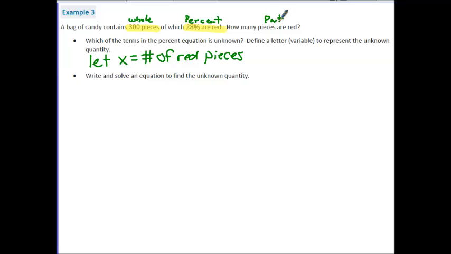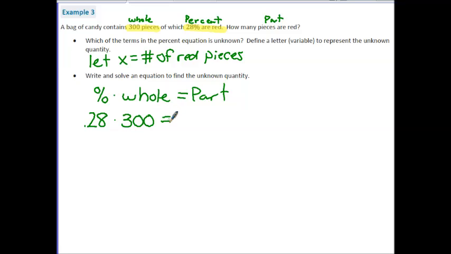So I'm going to start with the formula we talked about in the beginning. Percent times whole is equal to part. So using this, I'm just going to substitute the values that I know. For example, we know the percent is 28%, so as a decimal, that's 0.28. Times the whole. They did tell us the whole is 300, so let's replace whole with 300.